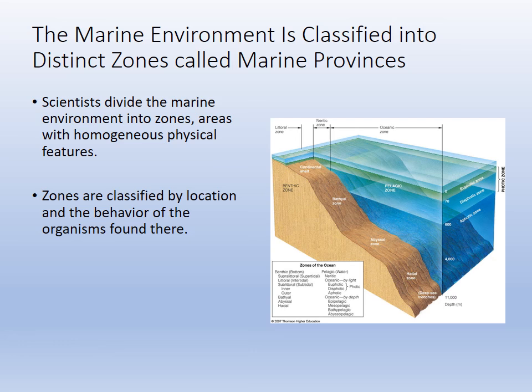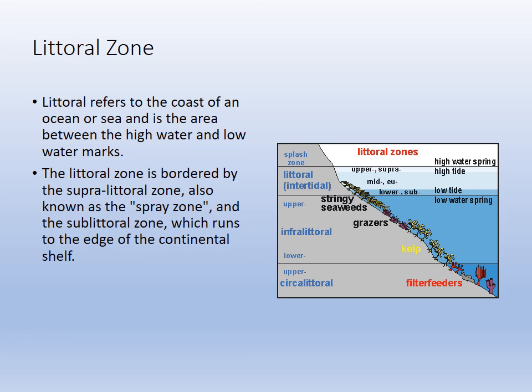Now in our littoral zone, you get a splash zone, very sparse, then tides every day, almost always covered. So in the littoral zone, there's high tide, low tide, high tide, low tide, and different things live there.